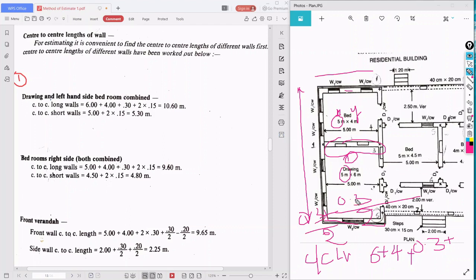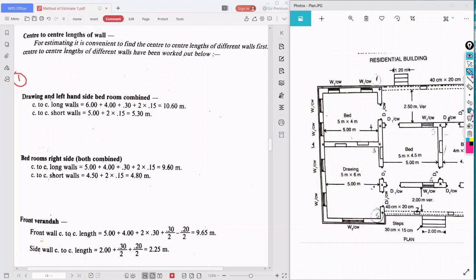So center to center length of this long wall, what we can write, 6 plus 4 plus 0.3, this is the wall.